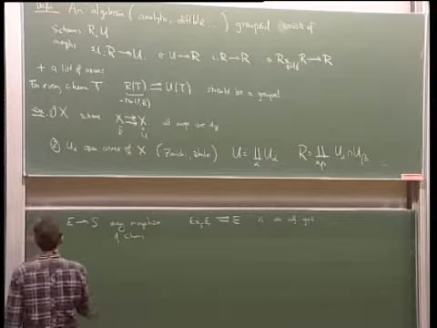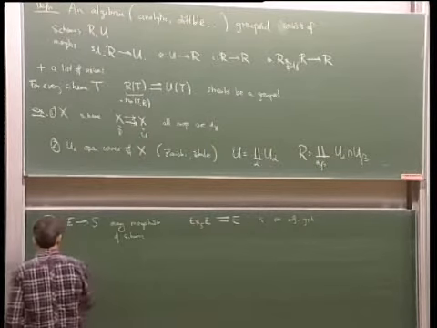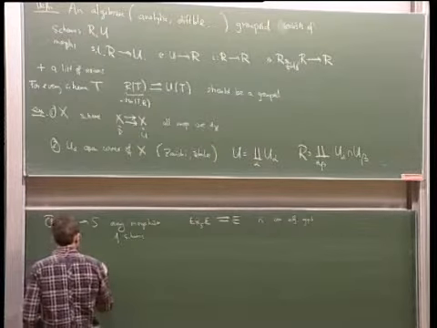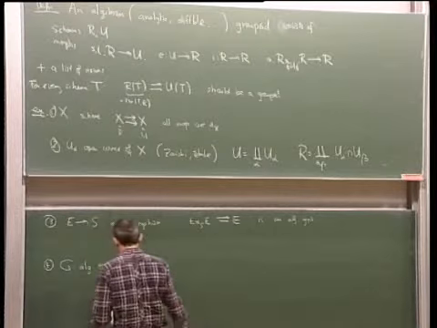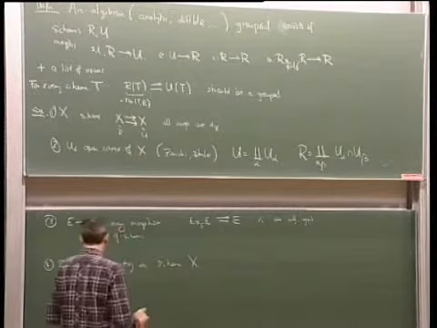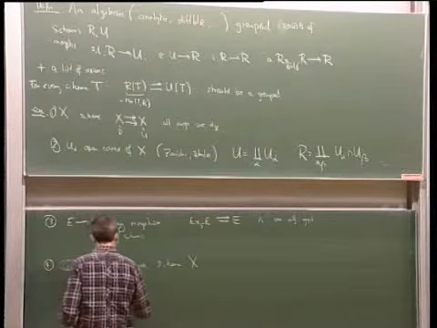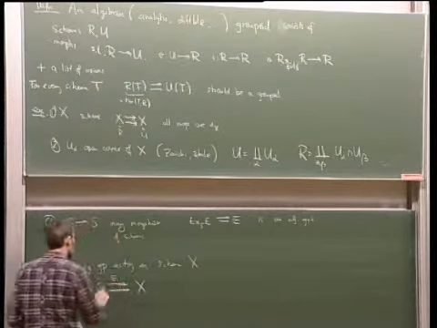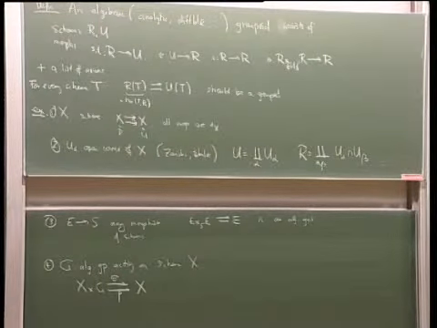Here, fourth example, G is an algebraic group acting on a scheme X, let's say on the right, and let's say sigma is the action map and P is the projection map.